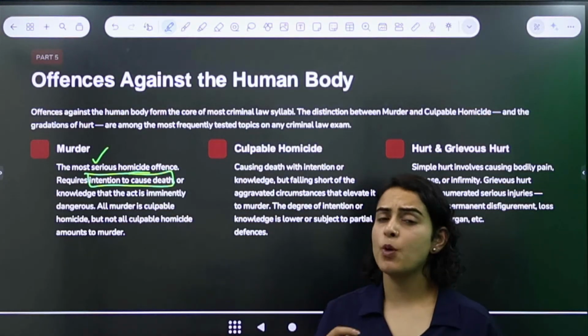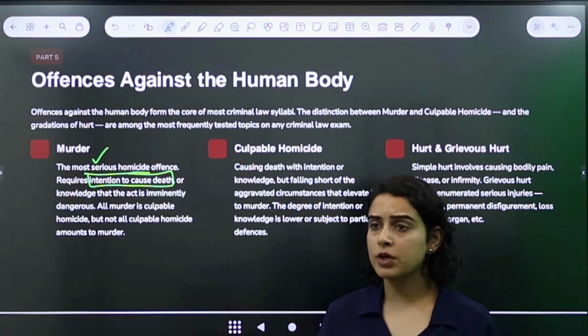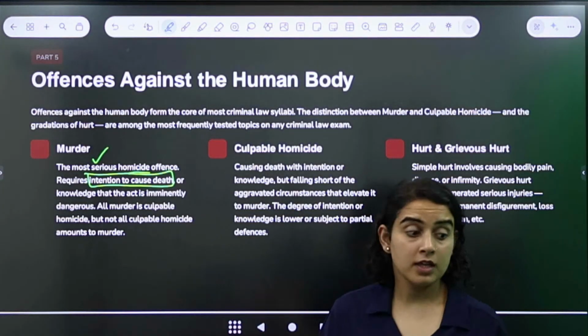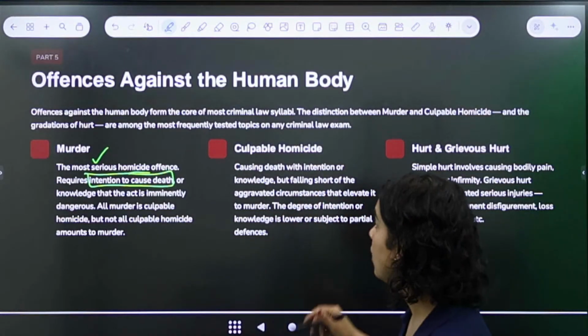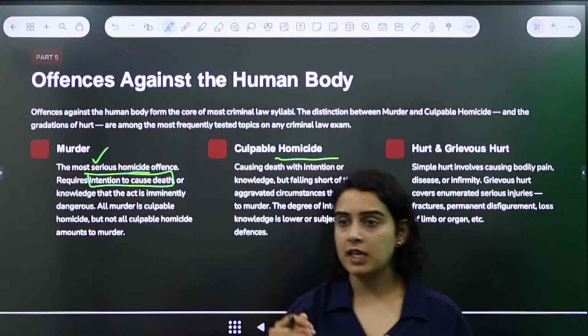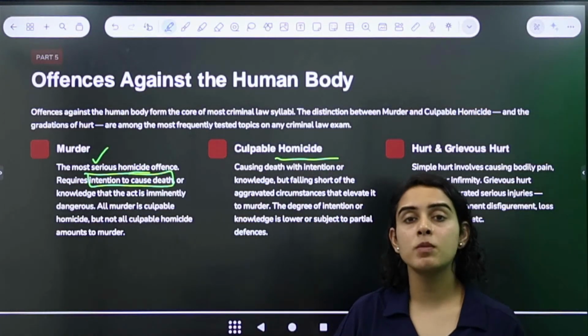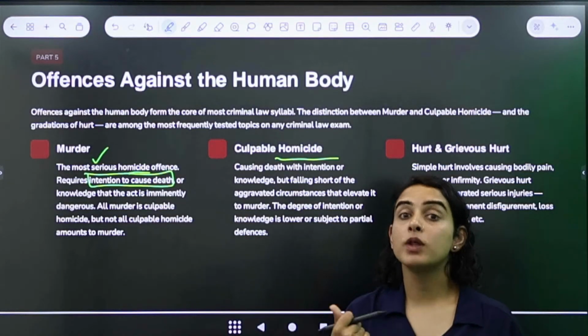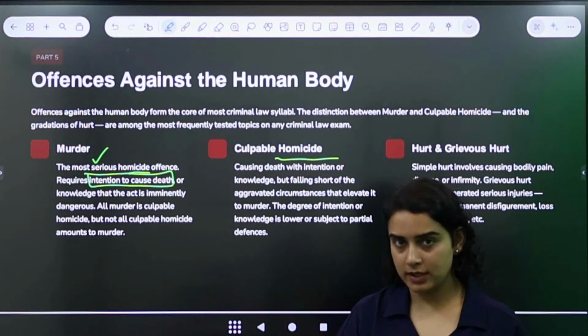For example, if you're poisoning someone, you know that they'll be dead soon. That is a murder. Similarly, we have something called culpable homicide. Culpable homicide is also taking away someone's life, but without an intention to kill them.